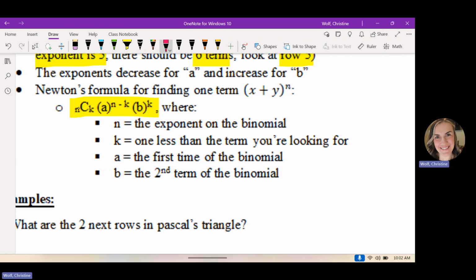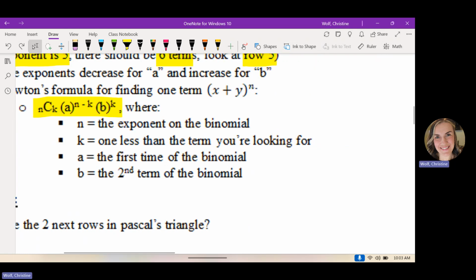When you see an n there and there, n is the exponent. So the exponent we're dealing with on the binomial. Okay, fine. K is 1 less than the term you're looking for. So if I ask you to find the fourth term, your K would actually be 3. So the K is always 1 less than the term you're actually looking for.